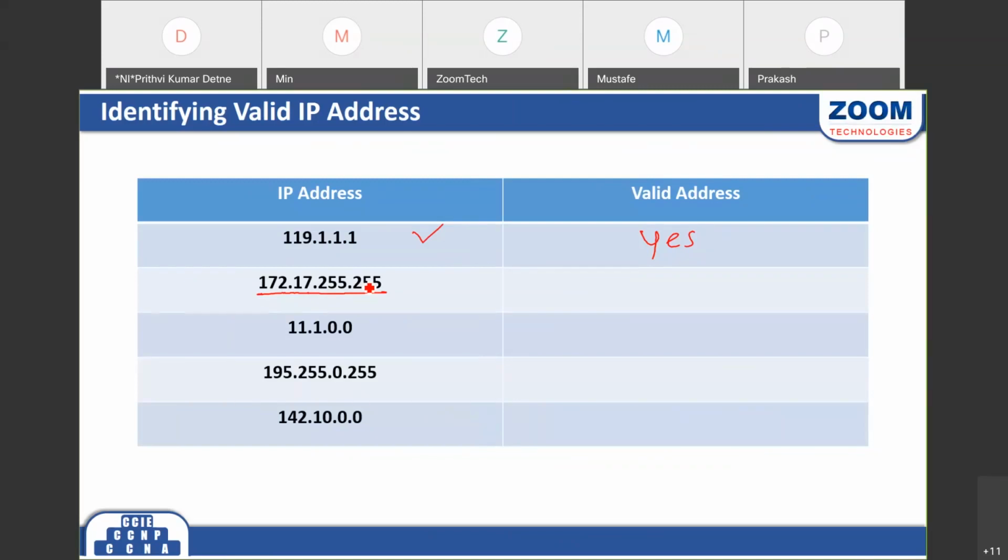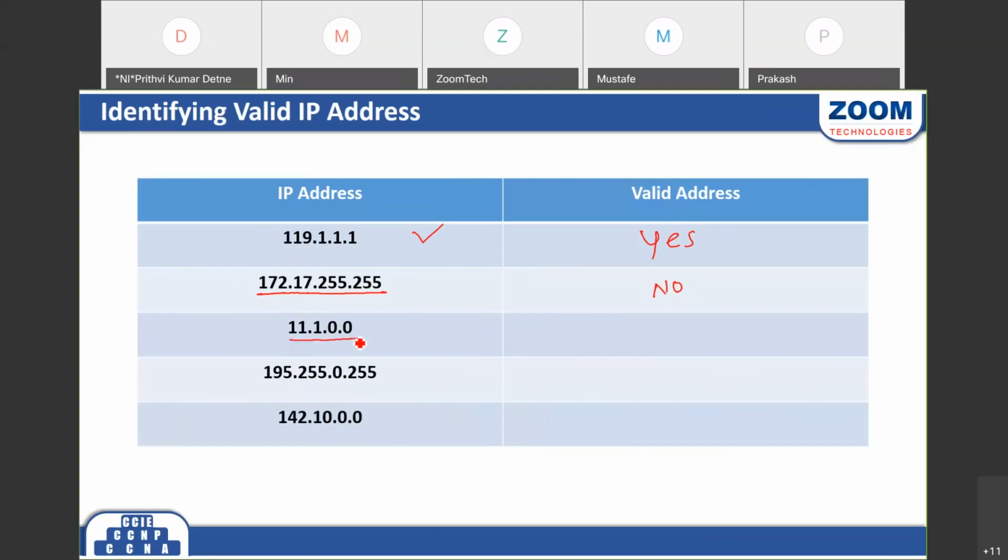We cannot use it. It's not invalid in the sense of being out of range; invalid would mean out of 255, like 256 or 257. But this is a broadcast ID. 172.17.255.255 is a broadcast address. Next question.